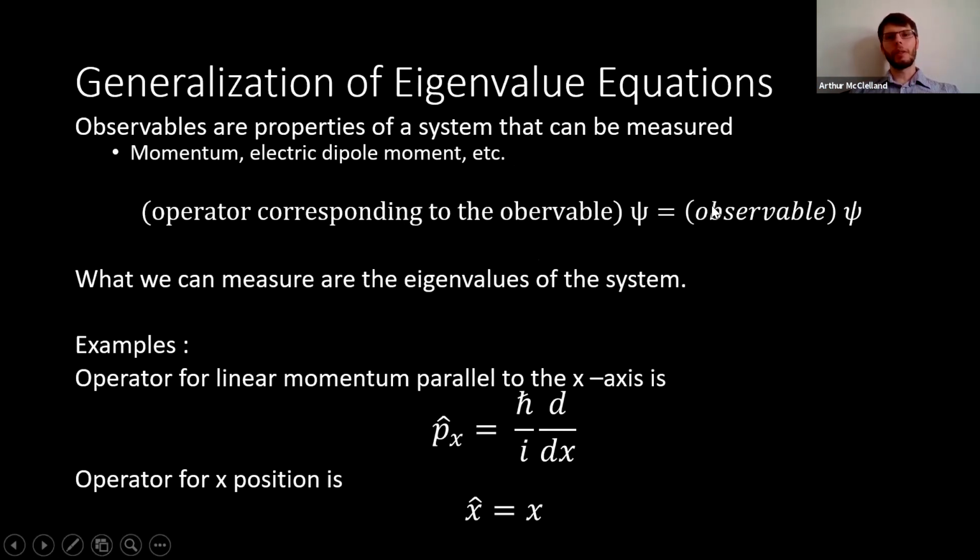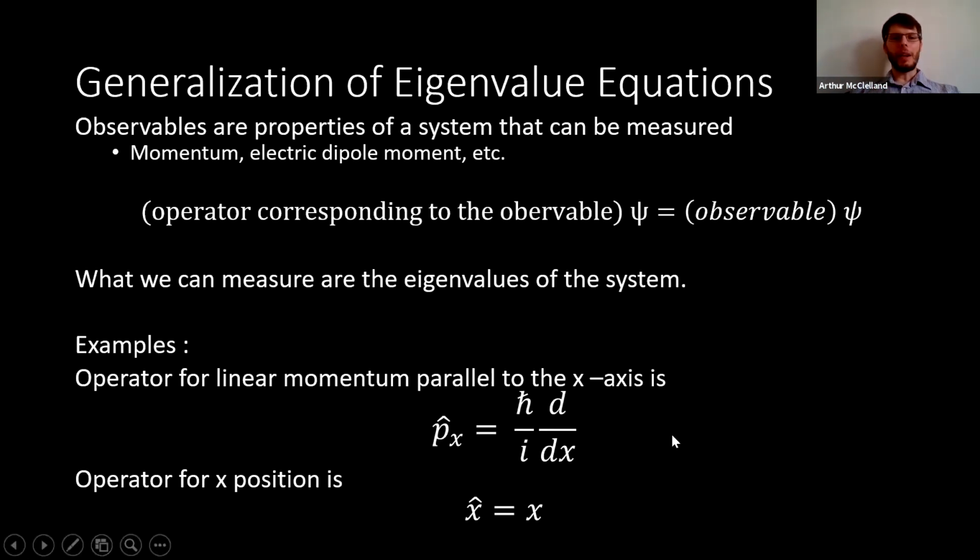We have our wave function. And then the eigenvalue is the observable times the wave function again. So the eigenvalue is what I can actually measure when I go into lab. That's why all this math is important, and that's what we can measure, this eigenvalue of the system.